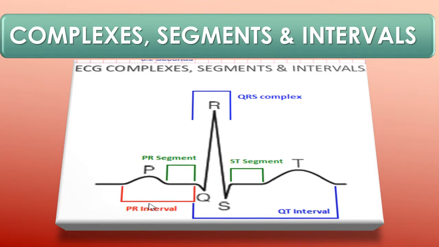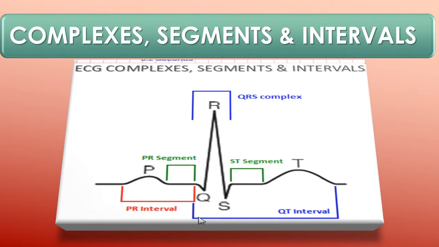The QRS duration represents the time required for depolarization of both ventricles, and it normally should take 0.04 to 0.10 seconds.